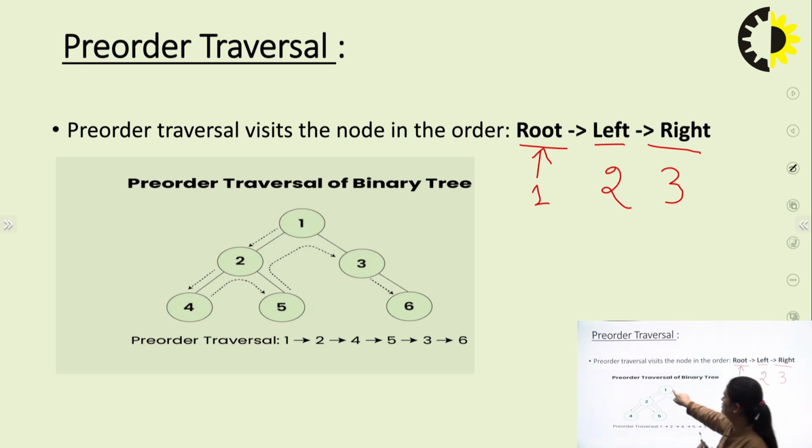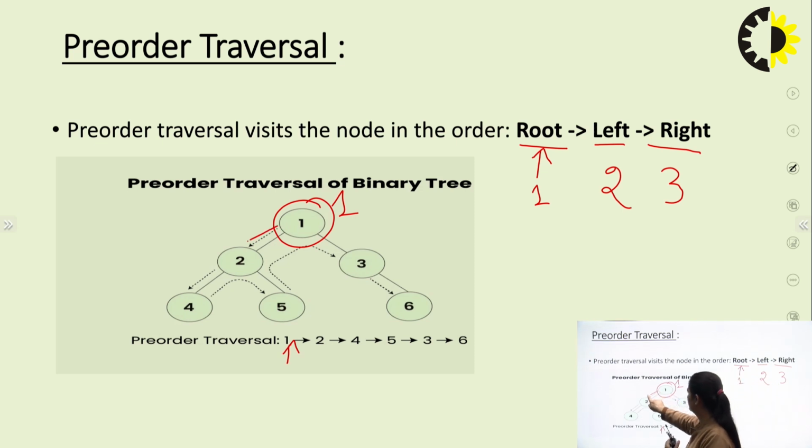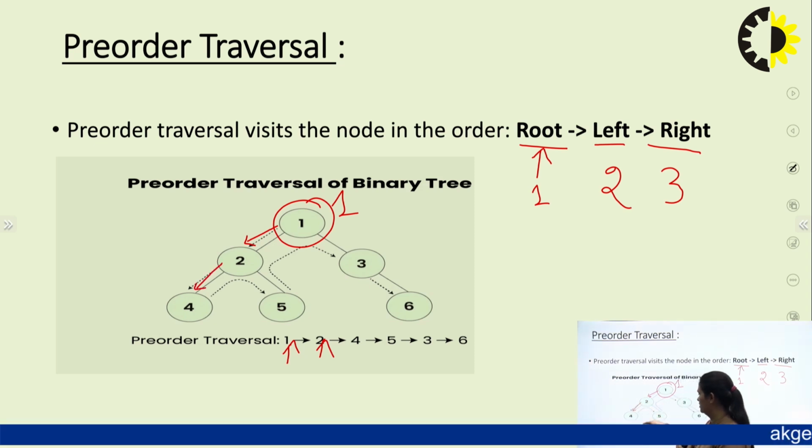First we visit the root of the tree, here 1, after that the left node is 2, then again go to the left of this node, that is 4.